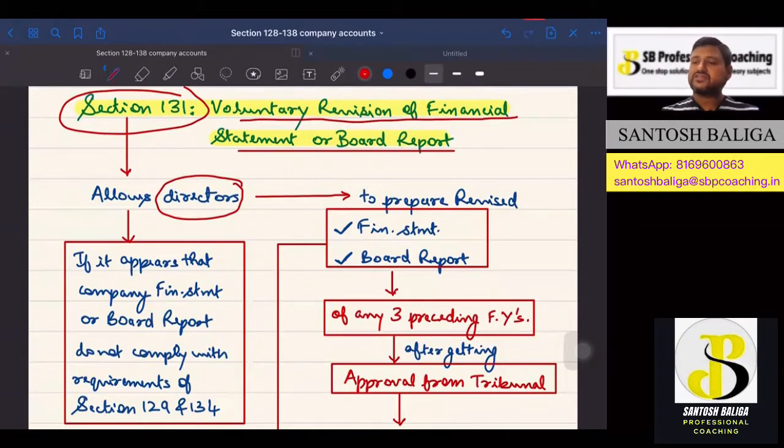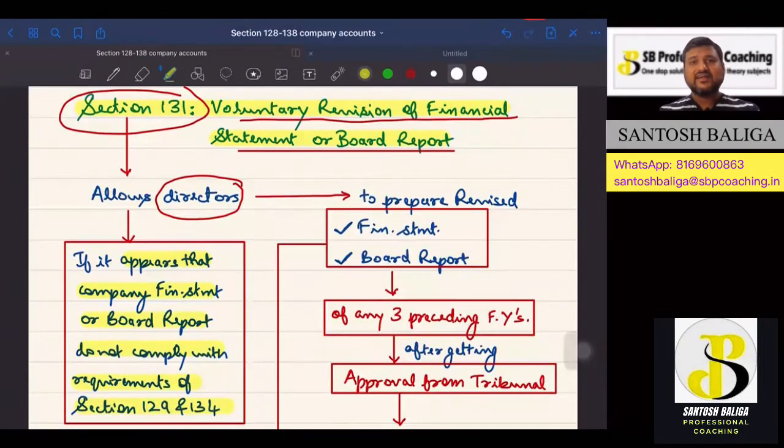Now, what is the condition under which the board of directors will be allowed to go for a voluntary revision? The main reason is that it appears to the directors that the company's financial statement or board report does not comply with the requirements of section 129 and section 134.